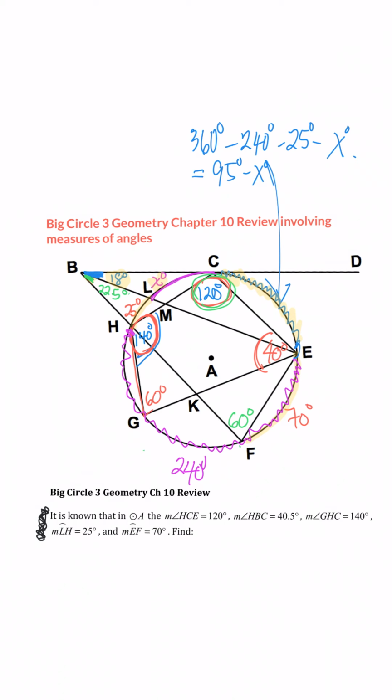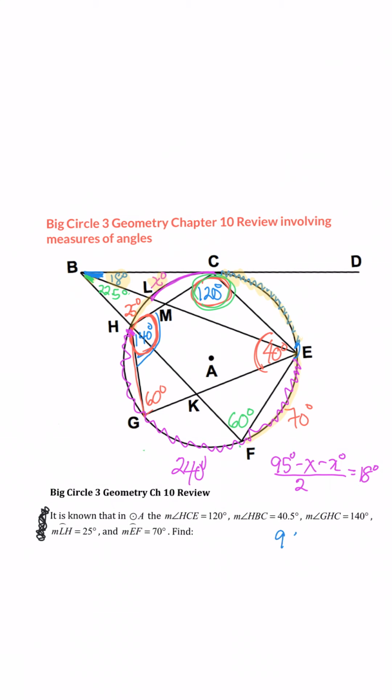Next, we will form an equation involving 18 degrees, x degrees, and this particular arc. 18 degrees is formed outside the given circle, so we can have a new equation which is 95 degrees minus x, that's the big arc, minus x degrees, half the difference, divided by 2 is equal to 18 degrees. 95 minus 2x is equal to 36 degrees, or x is equal to 29.5 degrees.